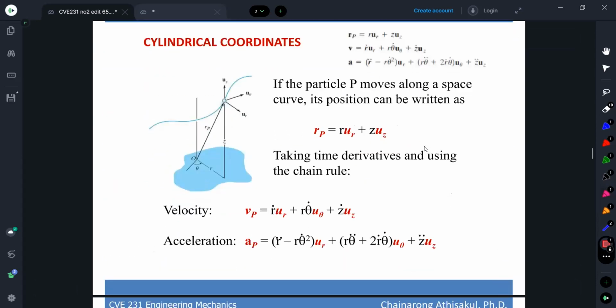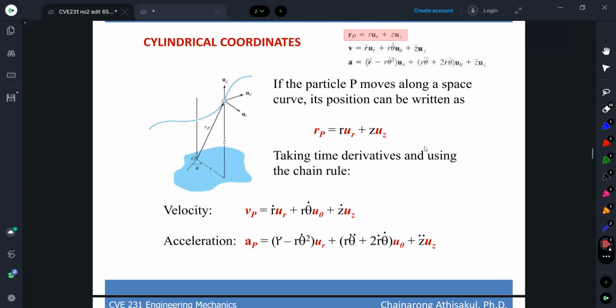In cylindrical coordinates, it is the same as polar coordinates if we already understand the polar coordinate system. For cylindrical coordinates, we define the position vector like this, composed of r u_r plus z u_z, as shown in the picture.